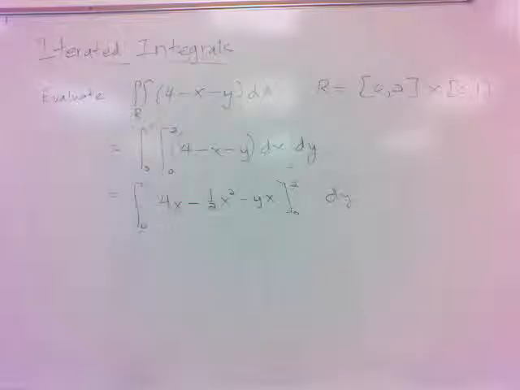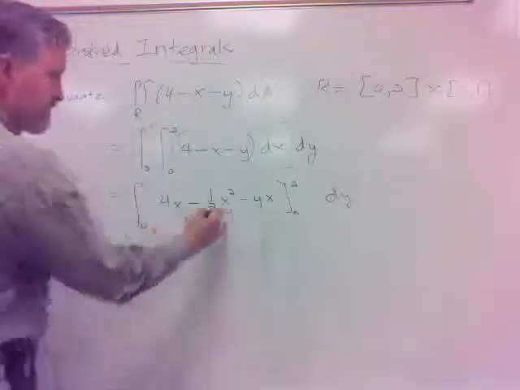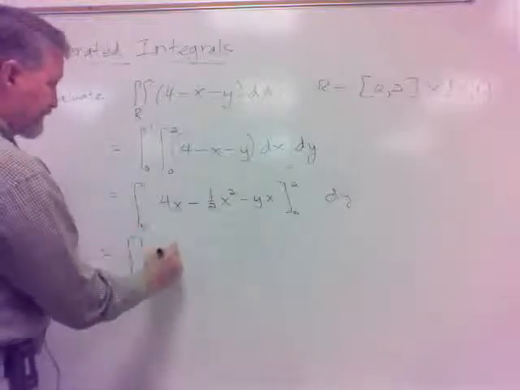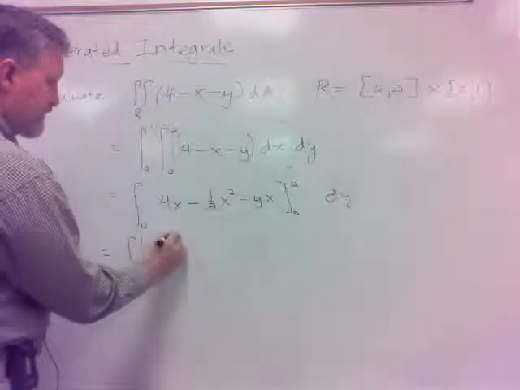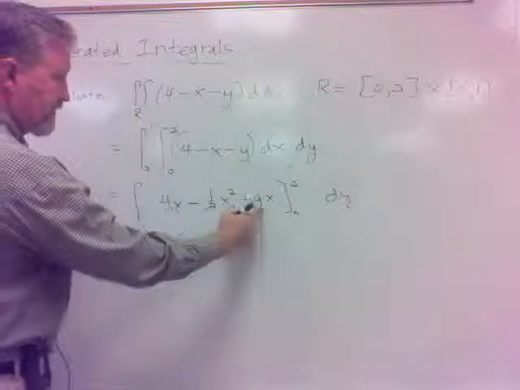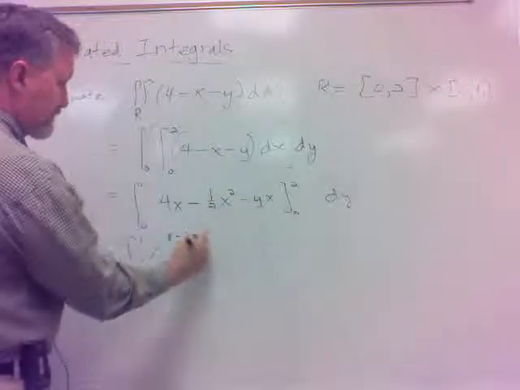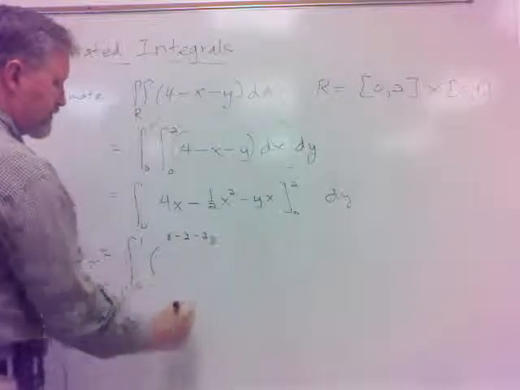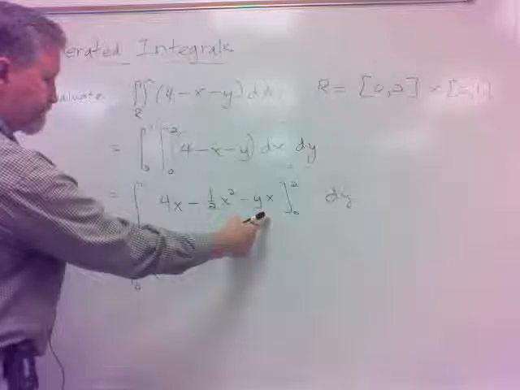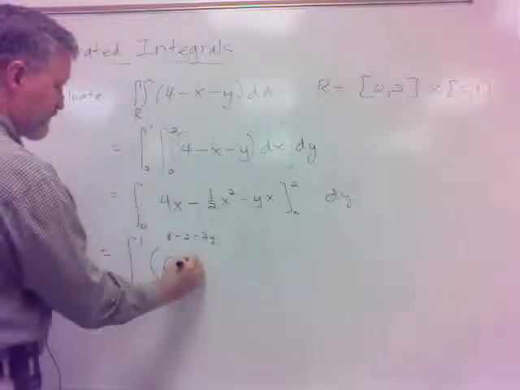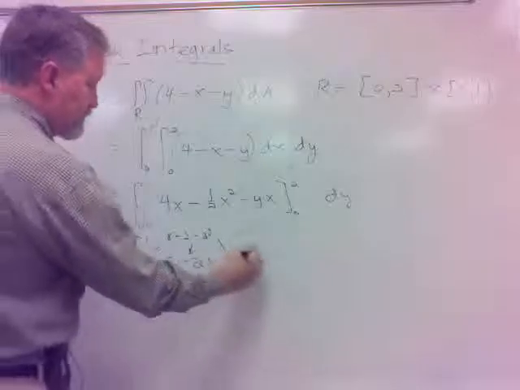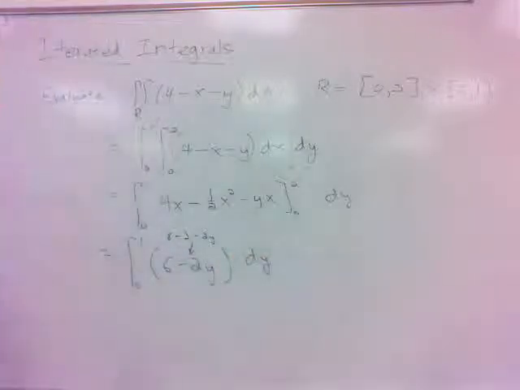With respect to y. Okay, so from 0 to 2, we've got 0 to 1. So we've got 8 minus half of 4, so 2, minus, plug in the 0, everything's 0. So this is just 6 minus 2y, with respect to y then.